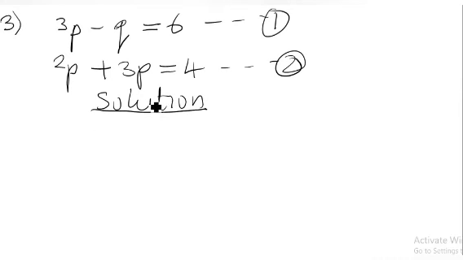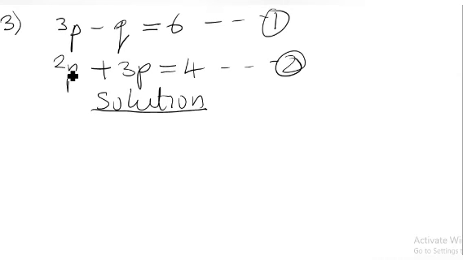Here I want to eliminate the first one, p. So let's solve by elimination. Don't forget, we'll multiply equation 1 by the coefficient of p in equation 2, and multiply equation 2 by the coefficient of p in equation 1.